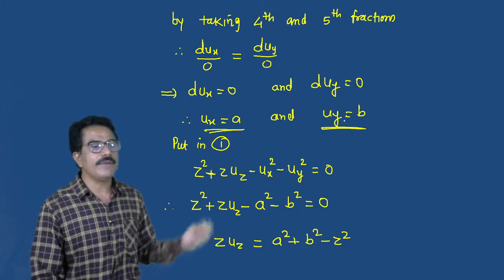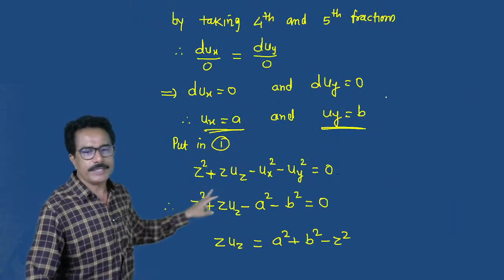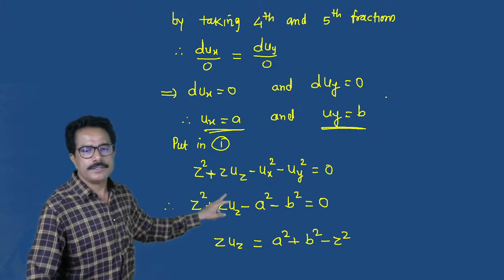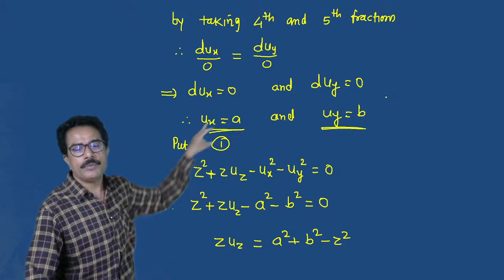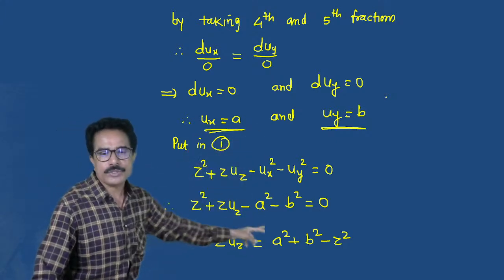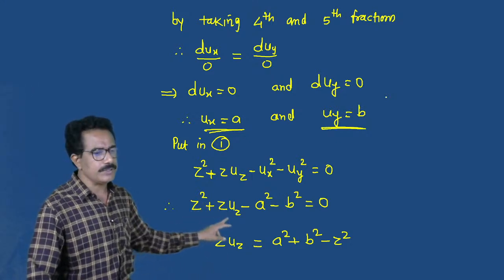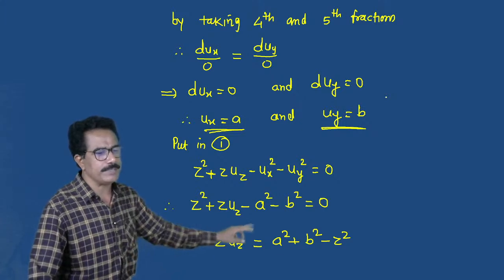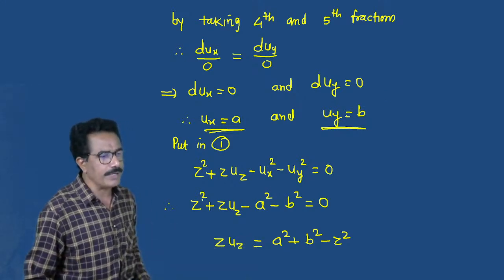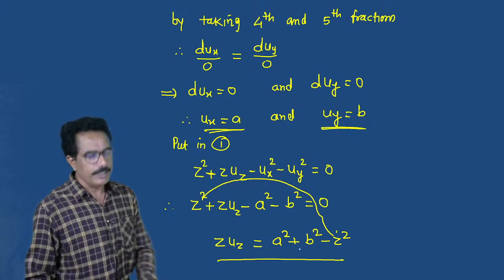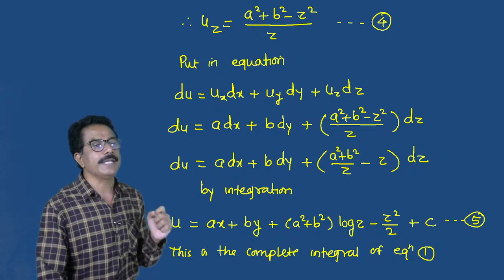Now put these values of ux and uy in equation 1. So z square plus z into uz minus ux square minus uy square equals 0. Put ux equals a, uy equals b. From this you can calculate uz. So z square plus z uz equals a square plus b square, so z uz equals a square plus b square minus z square. So uz equals a square plus b square minus z square upon z.